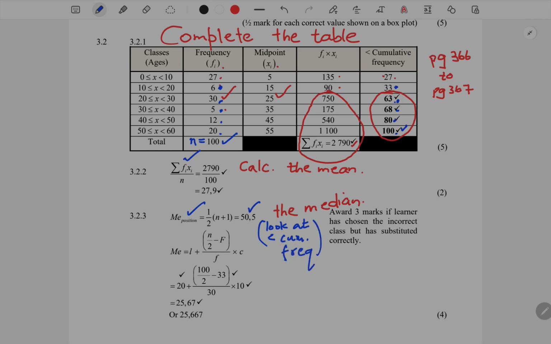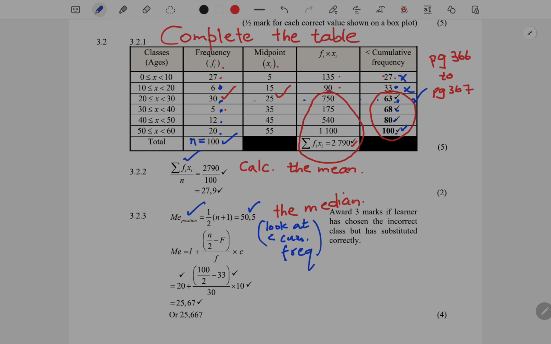Then you check the first row. Can you find 50.5 on the first row? No. Can you find 50.5 on the second row? No. Can you find 50.5 on the third row? Yes. So on the third row, you check what is the interval on the third row.